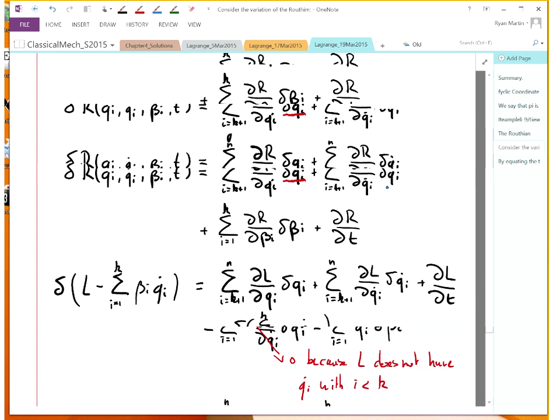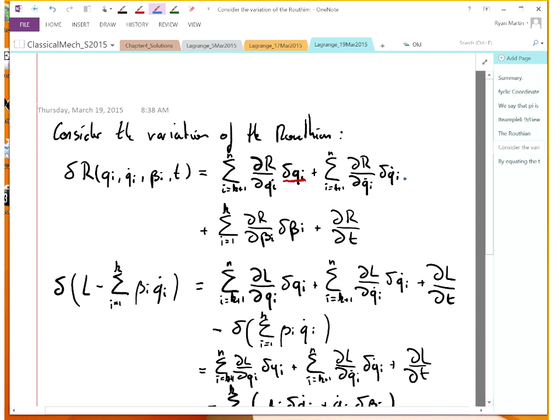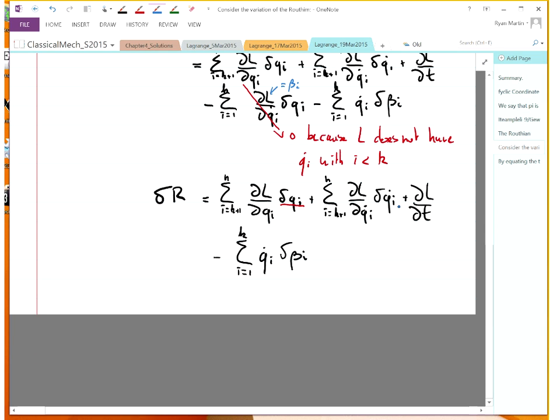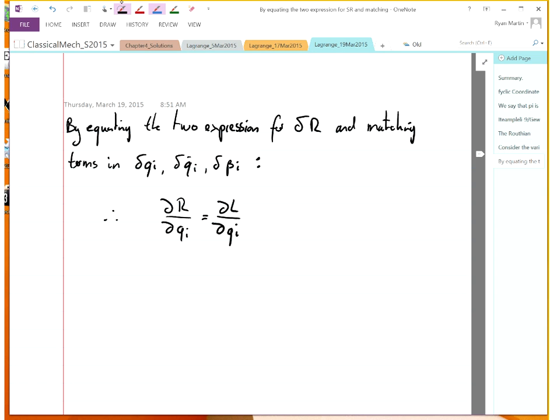Second, the terms in delta qi dot. So I have a ∂R/∂qi dot, and then down here I have a ∂L/∂qi dot. So we have a second equation that ∂R/∂qi dot is equal to ∂L/∂qi dot.